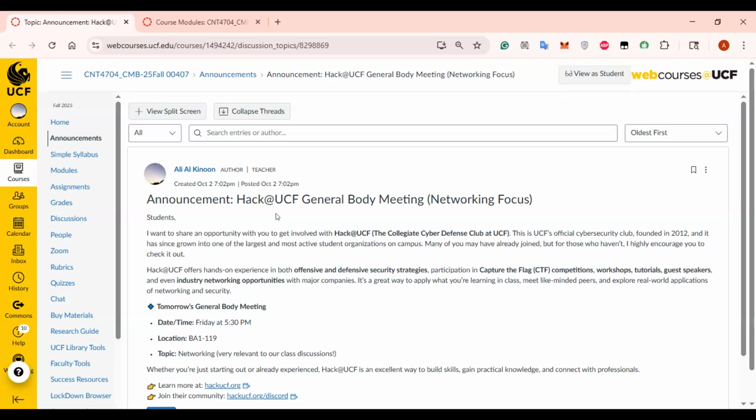The membership is not expensive; it's only $10 per semester, and they meet every Friday, I think, and there's free pizza supplied. So it is a way to get general experience, make friendships, make connections, and develop hands-on skills and many more things. Okay, so that is for the announcement.